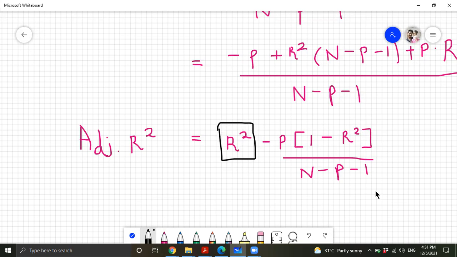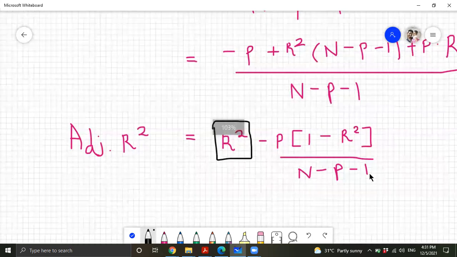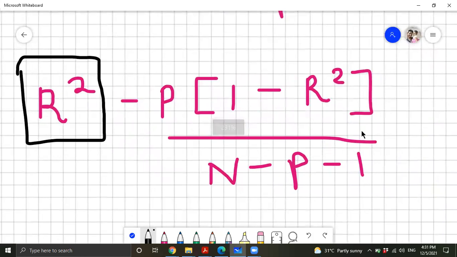Additionally, we have this term. If we zoom into this term, we can see here's a minus. And in this term, capital N is the sample size and P is the number of independent variables.